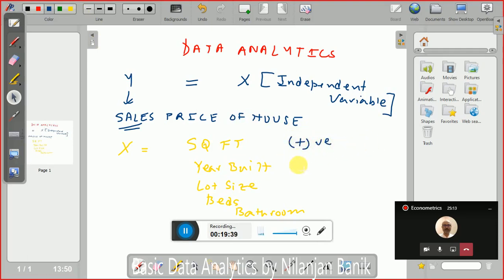Year built can be both positively or negatively related. Why negatively related? Because some people think that the older the house is, the more the value of the house has depreciated.